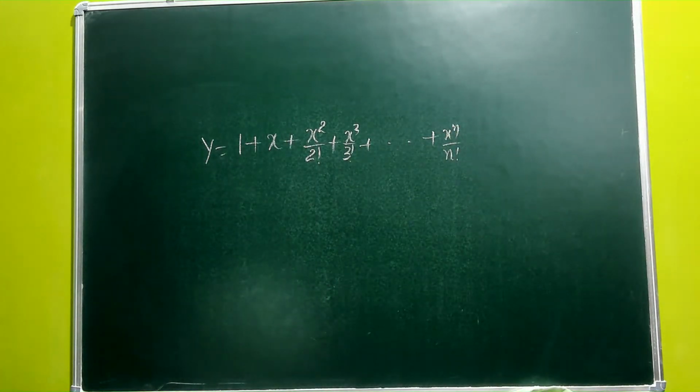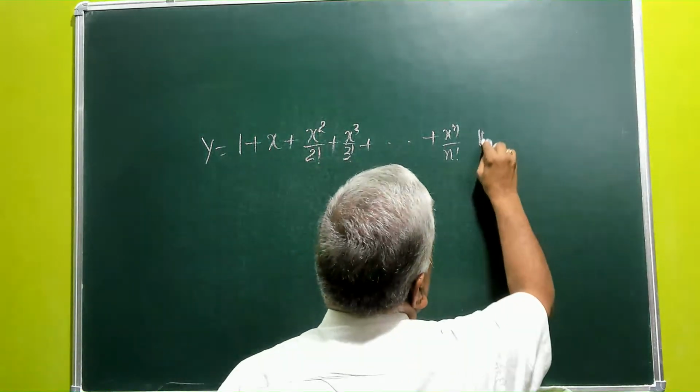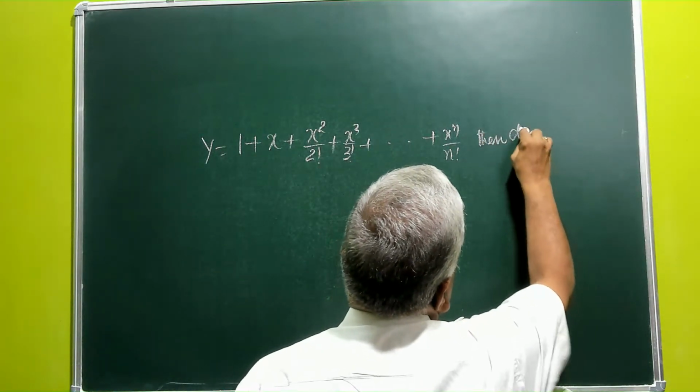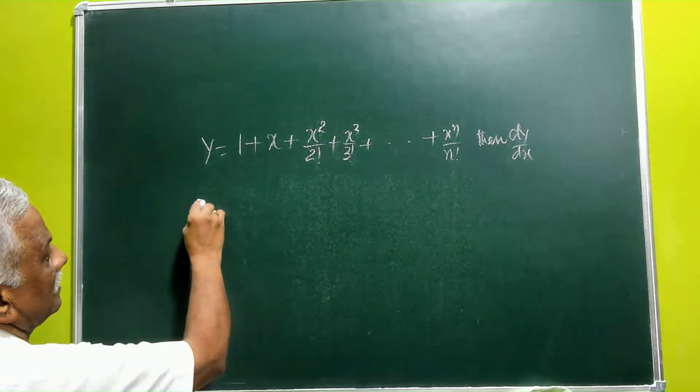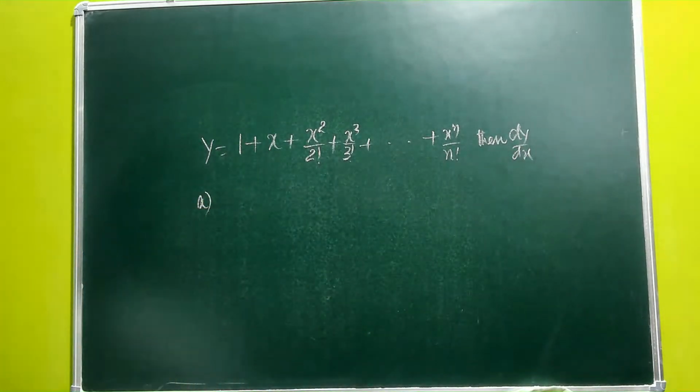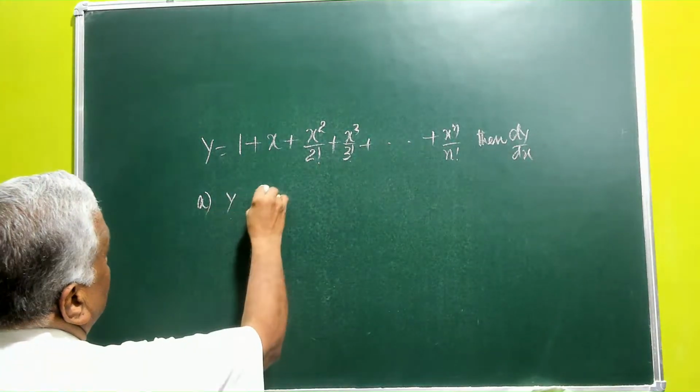Here I would like to write the list of answers given. Then dy by dx equals. What are the answers given? I want to list the answers because the answer will not be in the format that you get as a solution. You need to think one step ahead.